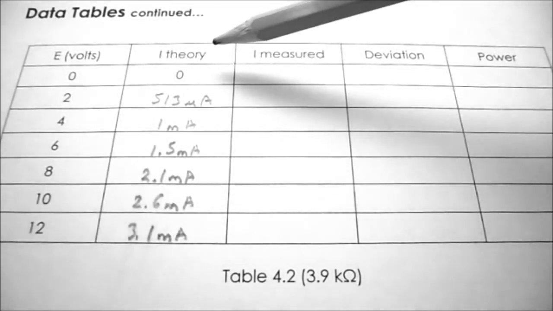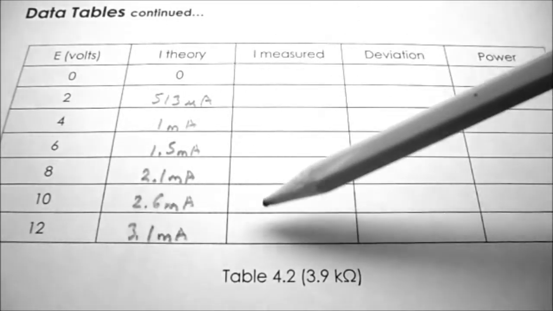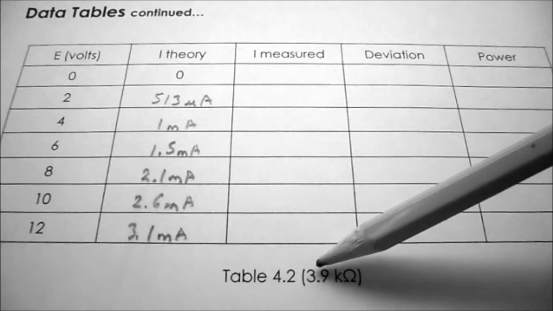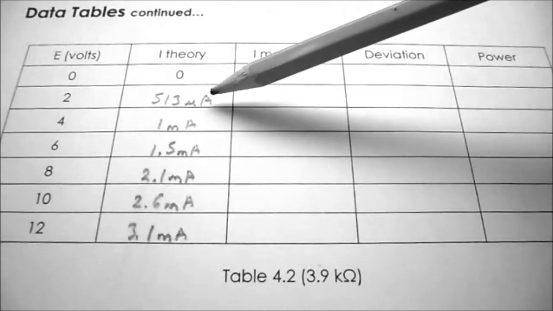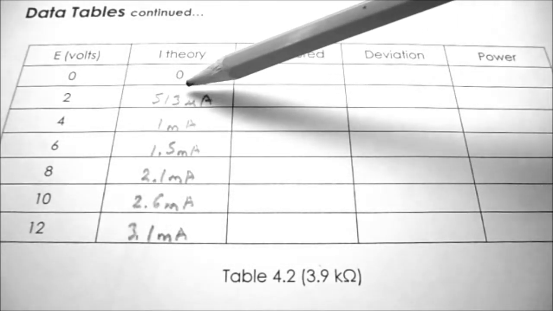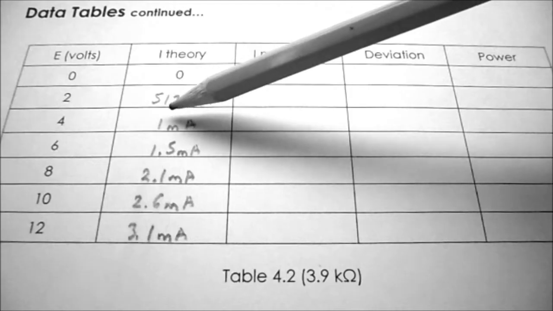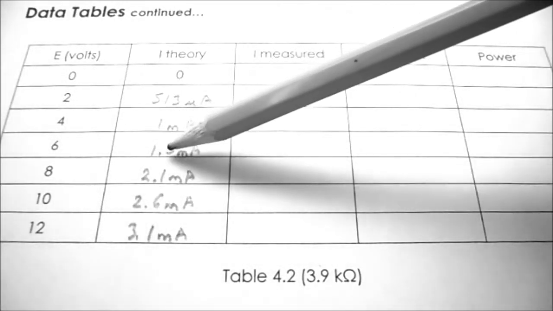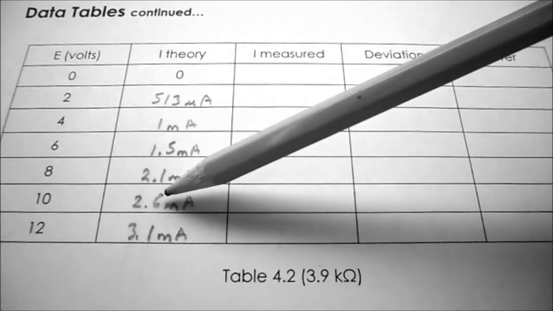I've completed my calculations for I theory for table 4.2, so now we've doubled the resistance up to 3.9k from 2k, and we can see that the current is going to start at 0.5 milliamps, 1 milliamp, 1.5, 2, 2.6, 3.